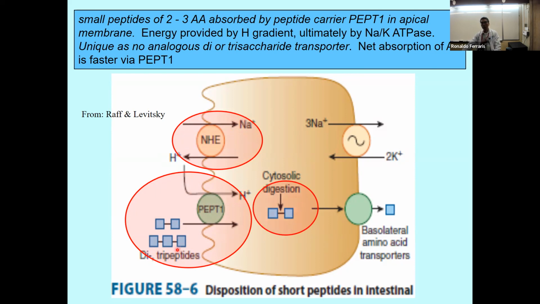Once these di and tripeptides are found in the cytosol, they are attacked by cytosolic peptidases, dipeptidases, tripeptidases. The basolateral membrane has no di and tripeptide transporter. It only has a platoon of basolateral amino acid transporters.